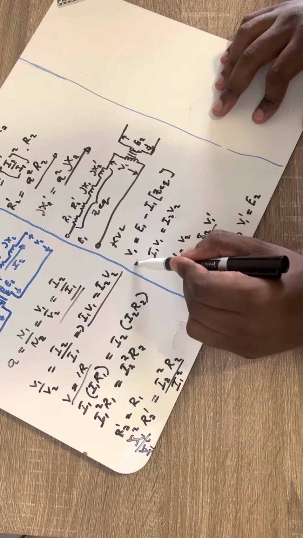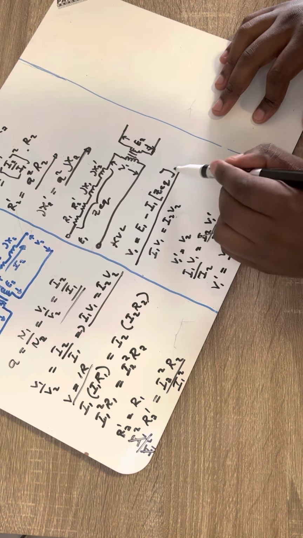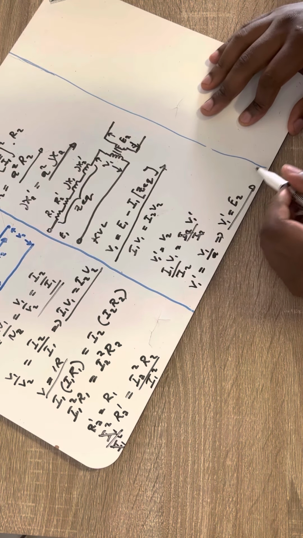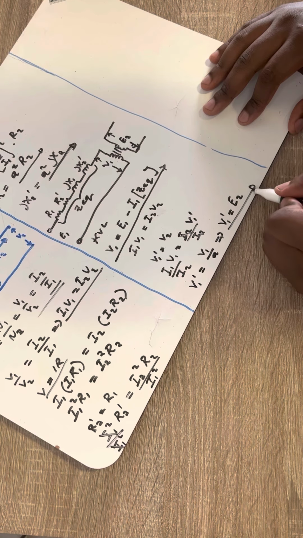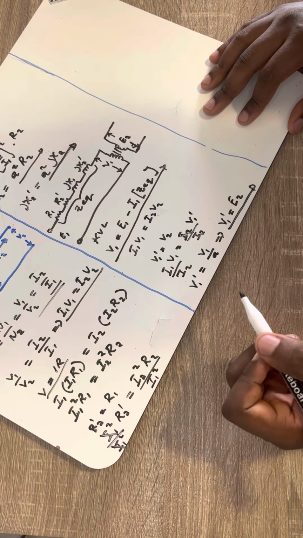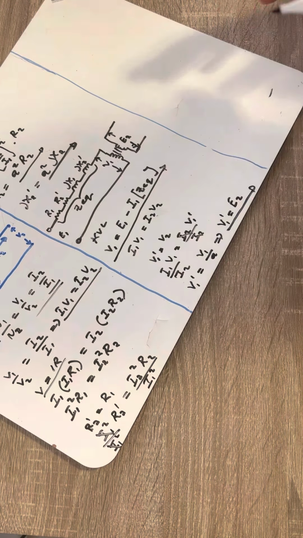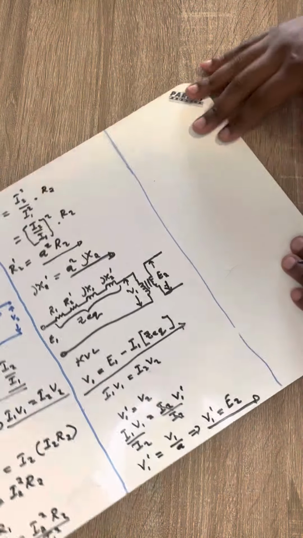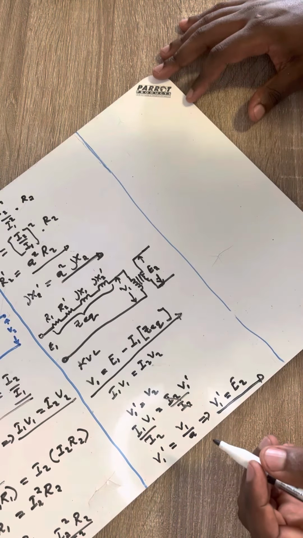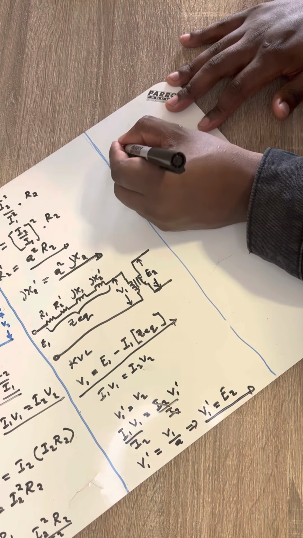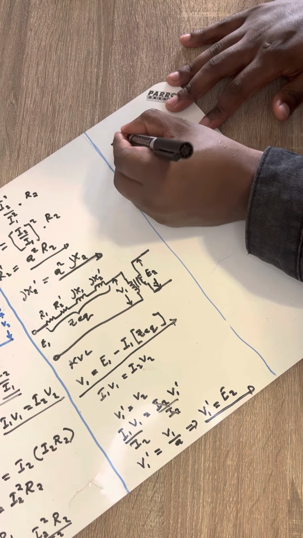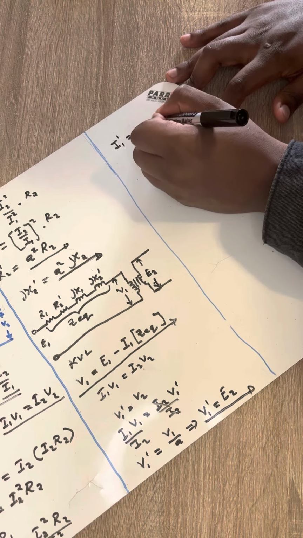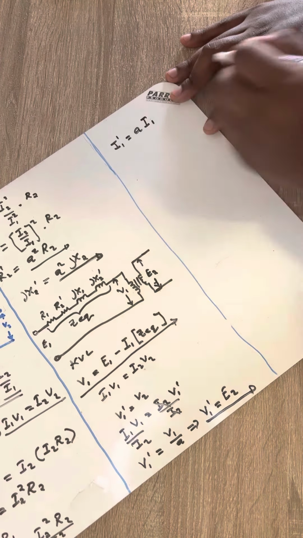So if you calculate this voltage sitting here, you are able to calculate the voltage on the secondary side, right? From there on the secondary side, you can also calculate the current. If you look at the previous, when you refer I1 prime to the secondary side, it goes A times I1, right?